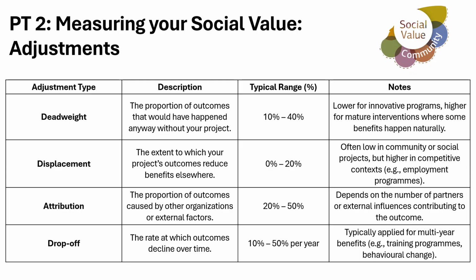Another adjustment type is attribution, which essentially means the proportion of outcomes caused by other organizations or external factors. So how much of that could be attributed to your initiative rather than to external activities that would be happening at the same time. A typical range that you would apply to that would be between 20 to 50%.